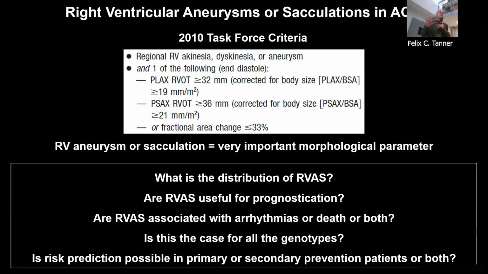And I personally believe it is a very, very useful parameter for diagnostics. For us, the difference is that an aneurysm involves at least one segment of the RV and a sacculation is smaller than that. But this is really a very tightly associated finding with ARVC.